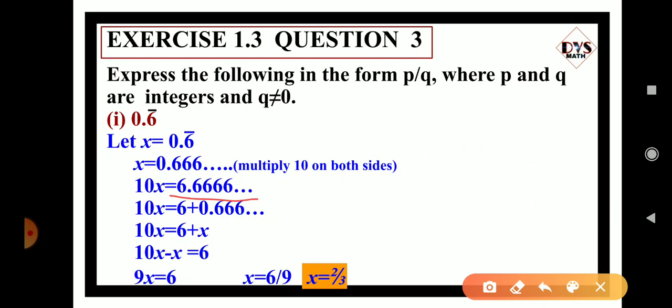If you multiply by multiples of 10, the decimal point shifts to the right. So now it became 6.666 and so on.